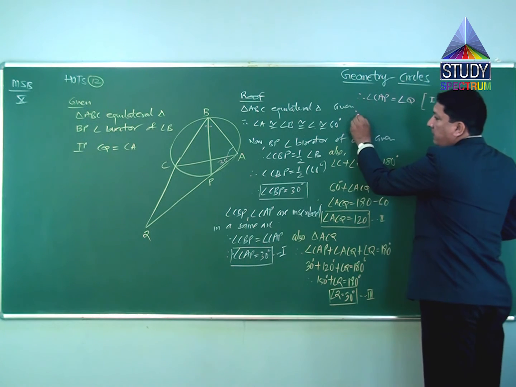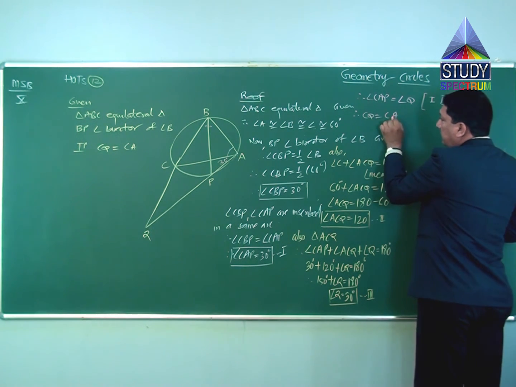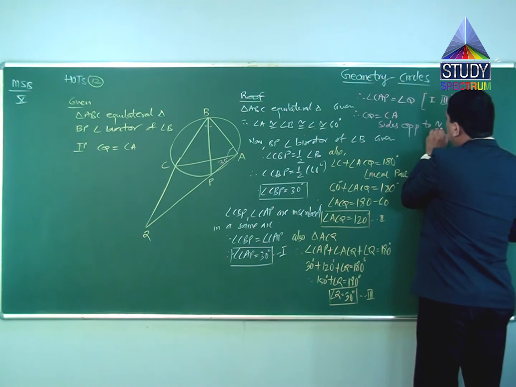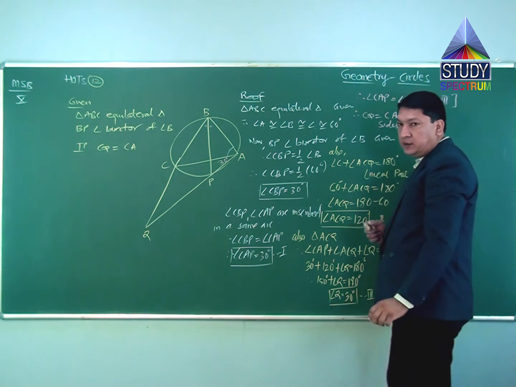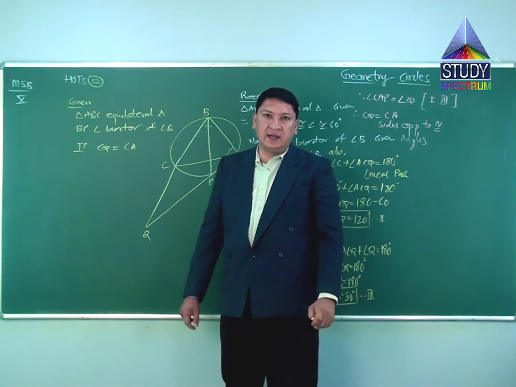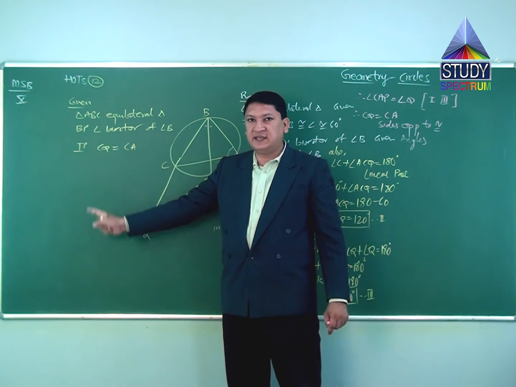Therefore, we can say that CQ is equal to CA. Reason? Sides opposite to congruent angles. When two angles are congruent, sides which are opposite to angles are also congruent. Therefore, we got CQ congruent to CA.